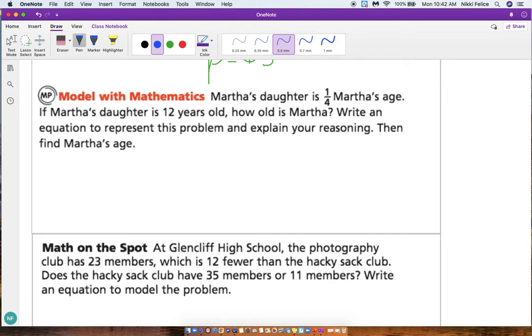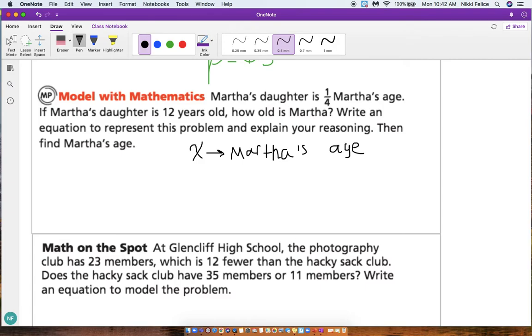Now, they didn't give us a variable here, so we can use any variable we want. I'm going to use x, and I'm going to let x equal the part that we don't know. We don't know Martha's age, so I'm going to let x equal Martha's age.